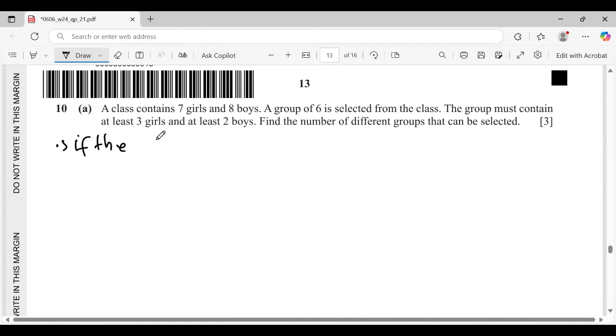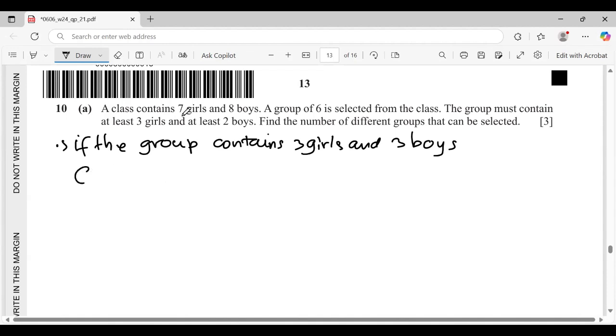If the group contains 3 girls and 3 boys, the combination is 7C3 times the combination 8C3. This combination is 35 times 56, and if you calculate, this is 1960.